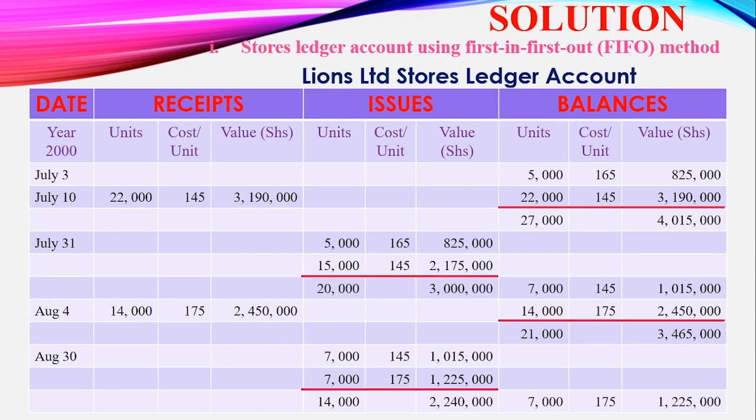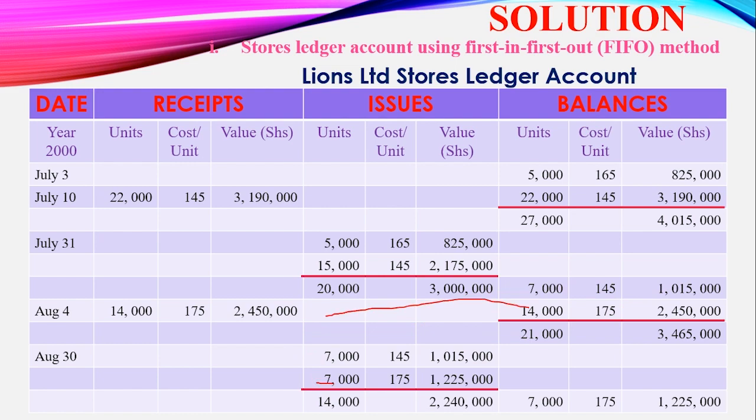Again, the balance here, we had a balance on 31st of July worth 7,000. We have to sell this one off first. Remember, first in, first out. So we are going to sell this at a price of 145. That is a total of 1,015,000. Then the balance is going to be obtained from the stock which was acquired on the next date. The balance is 7,000 units.